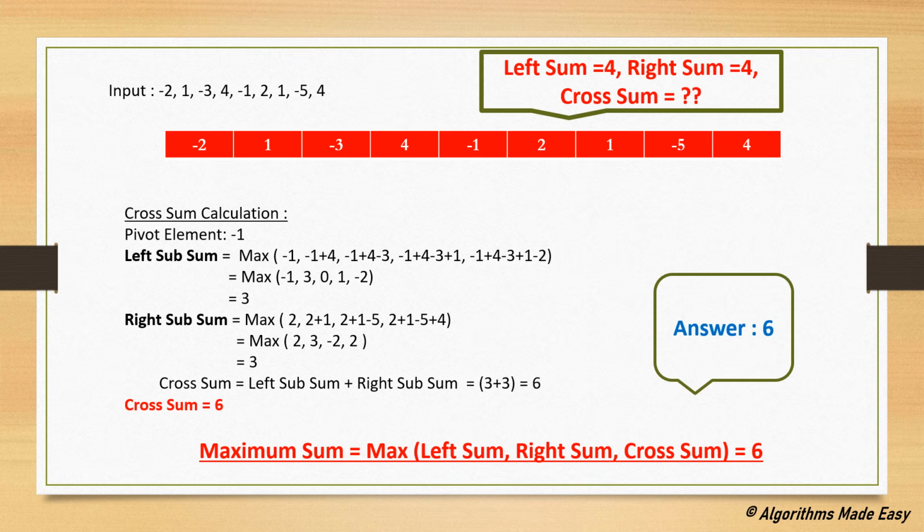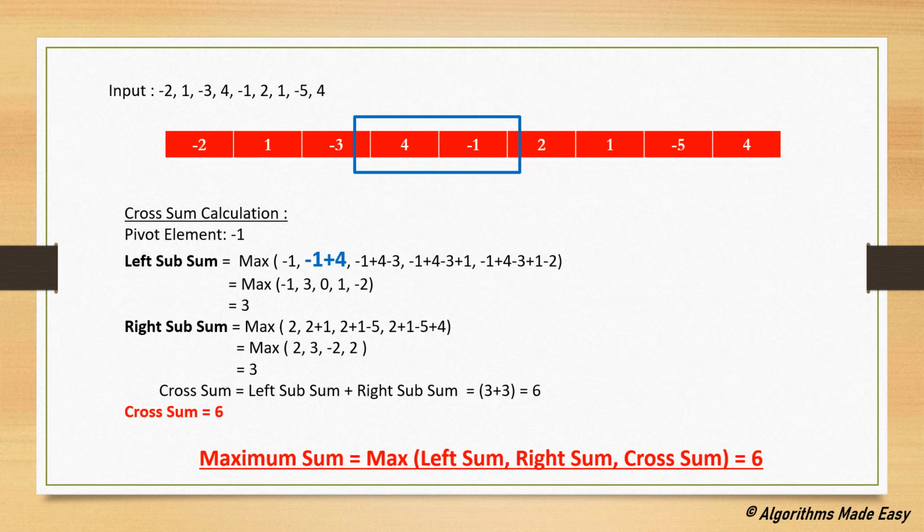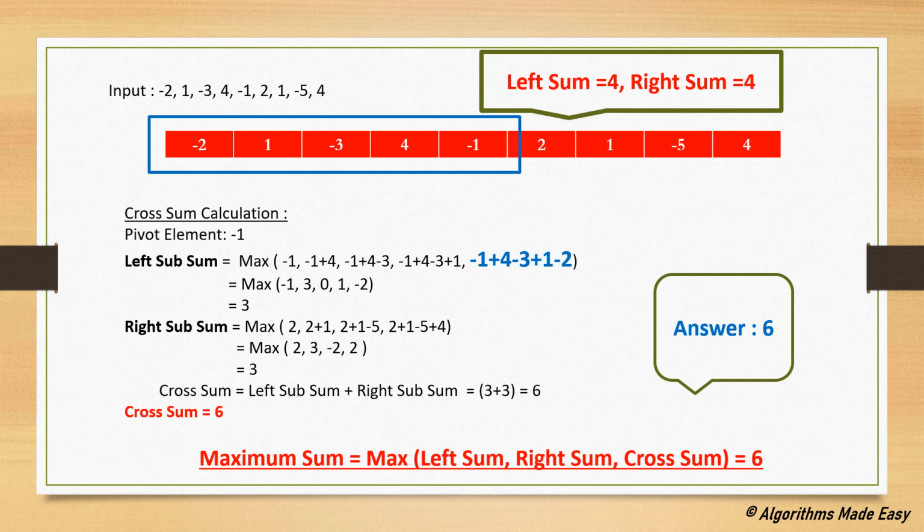Starting from the pivot element and moving left, we will calculate the sum at each index. Now we will take the max of all the sums we have calculated, which will be our left subsum. I suggest you calculate the right subsum by yourself. The final answer would be the max of all, which is 6.